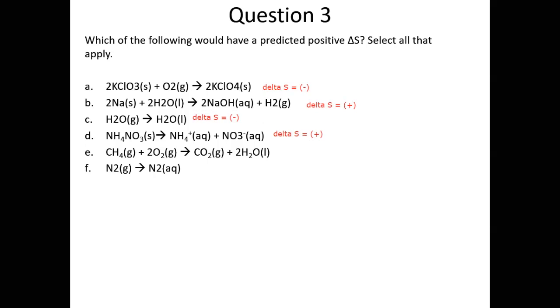Next, we have the combustion of methane, produces CO2 gas and water. So since we have 3 moles of gas on the reactant side, 1 mole of gas on the product side, here delta S would be negative because we have fewer moles of gas on the product side.